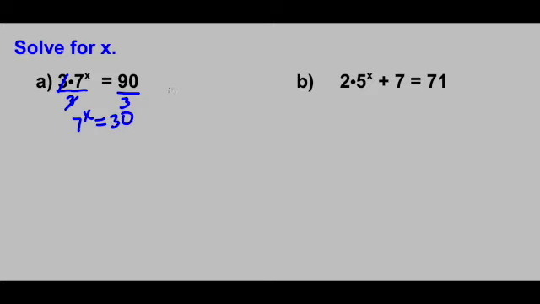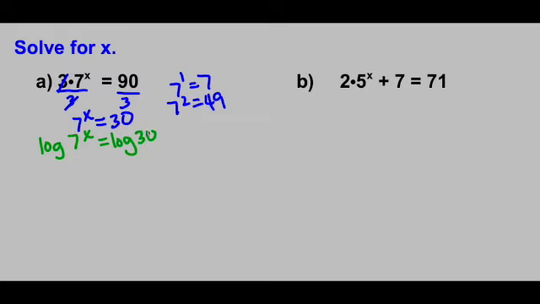What I do know is that 7 to the first is 7, and 7 squared is 49. So when we're done here, common sense says we should get some answer between 1 and 2. Let's see what happens. As you learned, we're going to take the log of both sides. So I'll write log 7 to the power of x equals log of 30.